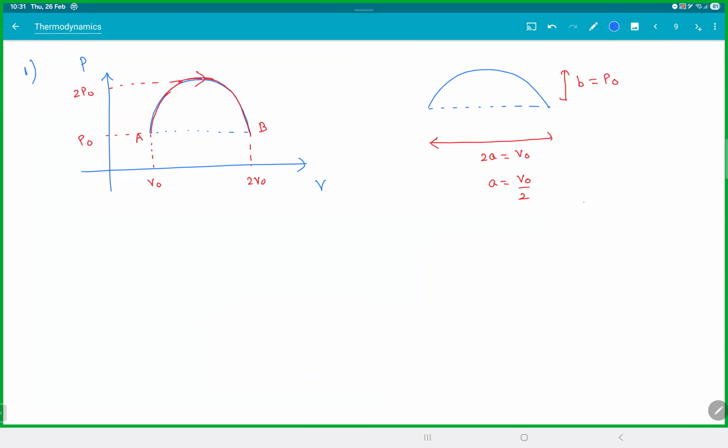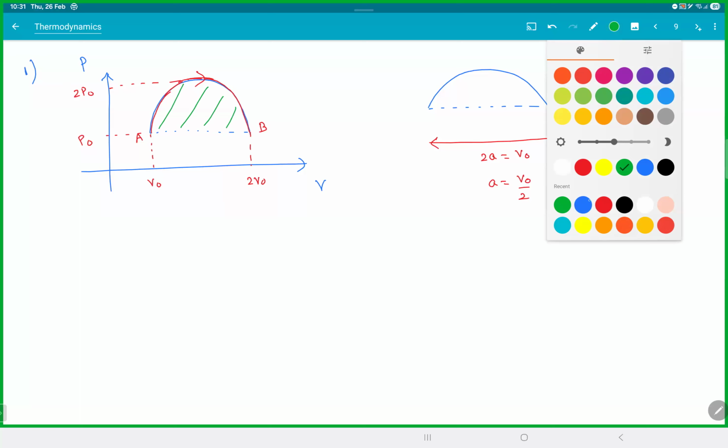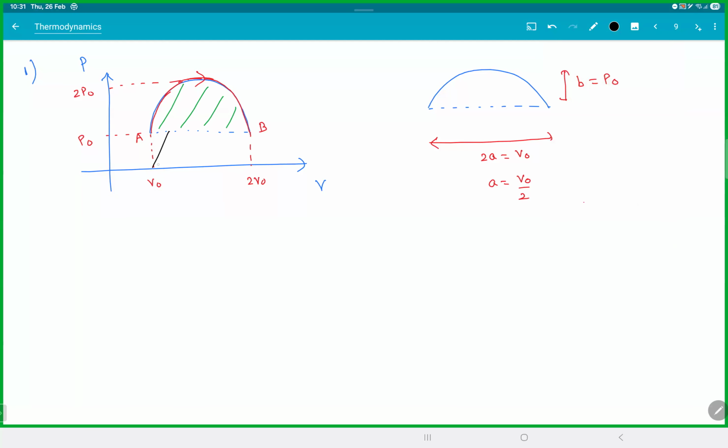So this can be divided into a half ellipse, and you need to find this area, one rectangle. So this area will be p naught into v naught. And this area will be pi AB by 2 because it's a half ellipse. A will be V naught by 2, so that is pi P naught V naught by 4.